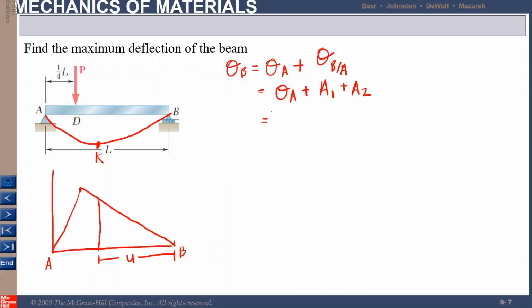So you can add up the values, and you will get 5PL square over 128 EI. That will be our theta B.